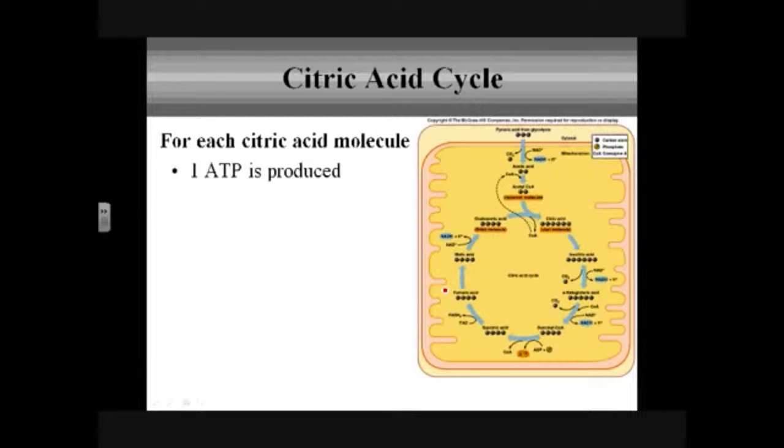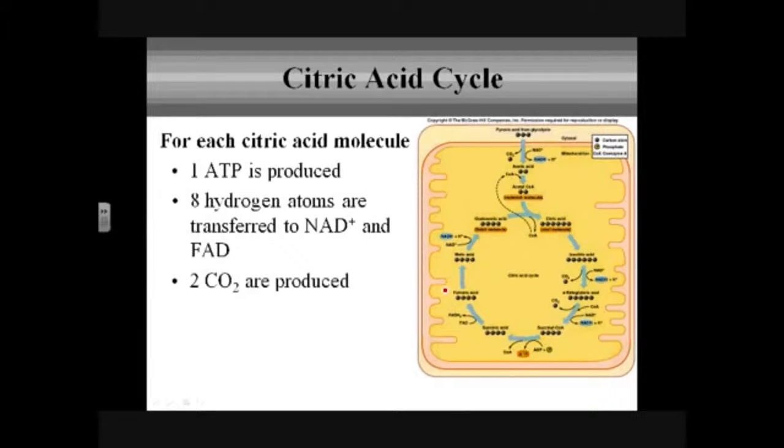So here's a close-up of that citric acid cycle. As we started to see, we've got the pyruvic acid from glycolysis. One of the carbons leaves as a carbon dioxide molecule.